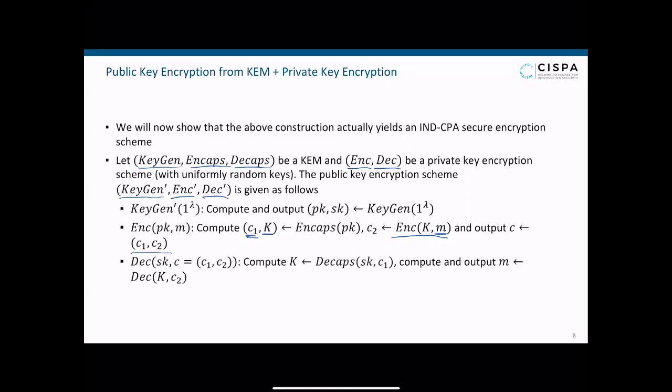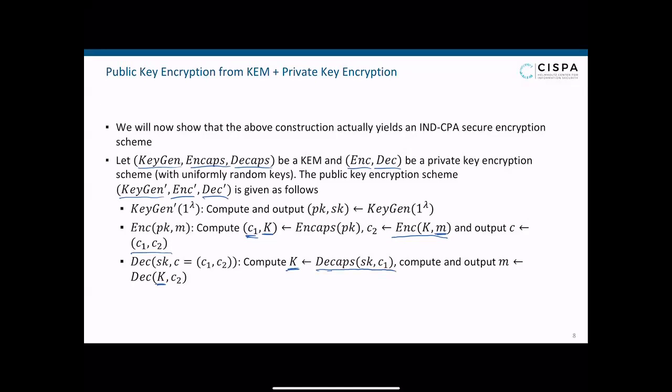Decryption does, again, the obvious thing. It first decapsulates the key K from the ciphertext header C1, and then uses K to decrypt the ciphertext payload C2. Right? We're doing really the obvious thing here.